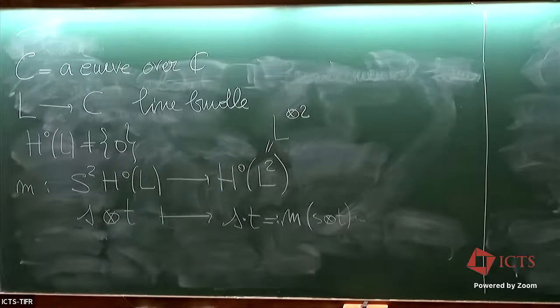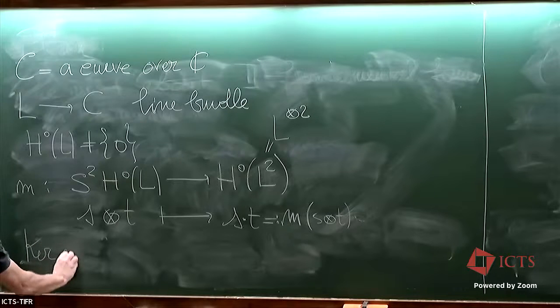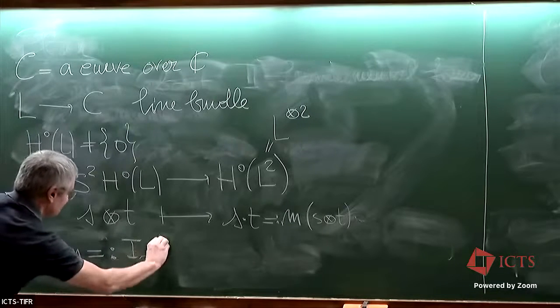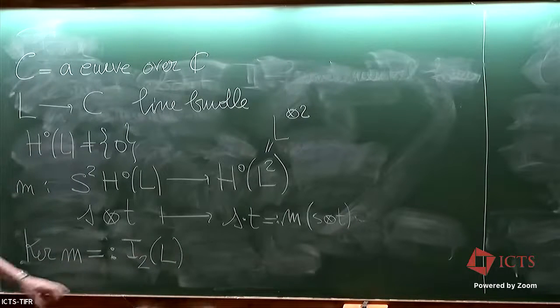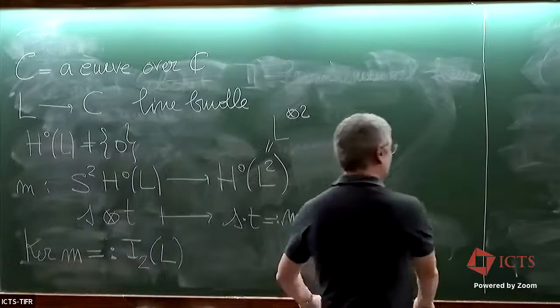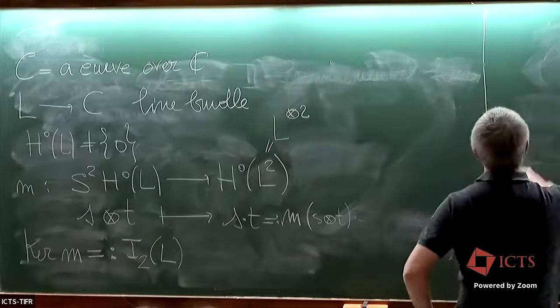Okay, and so the kernel of M is denoted in this way. The 2 means that we can also consider product of P sections, and then we will have an IP, but we only need I2. Okay, now the Hodge-Gaussian map will be a map like this.